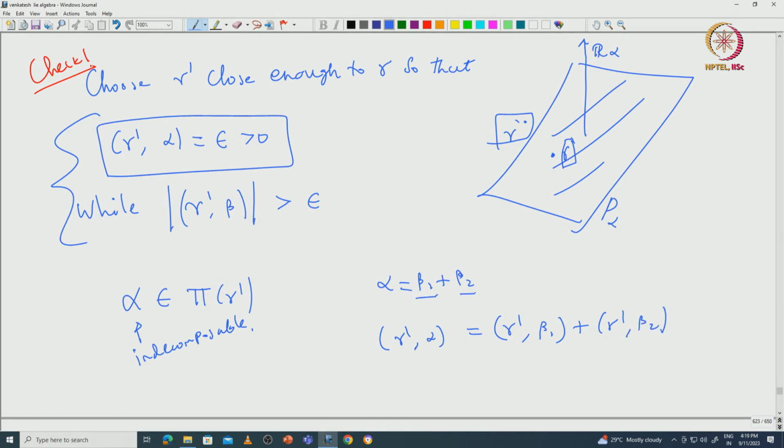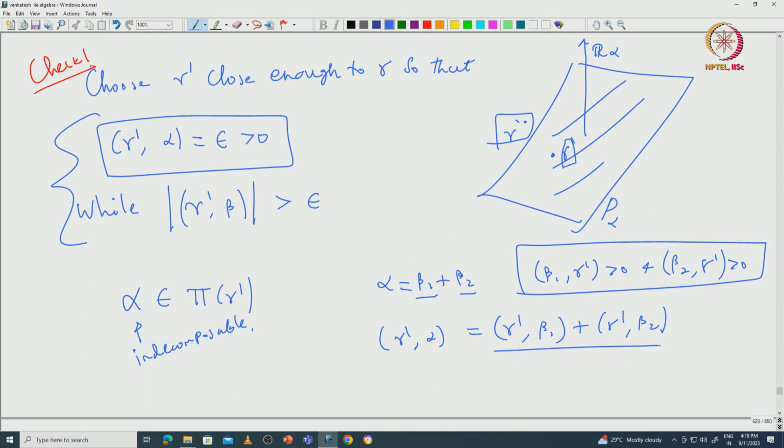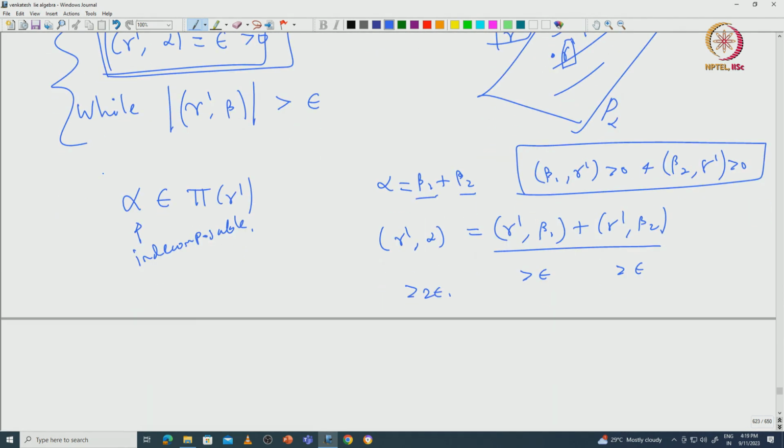Now, since beta 1 and beta 2 are coming from the positive side, beta 1 comma gamma dash is positive and beta 2 comma gamma dash is also positive, then that forces these two to be bigger than epsilon and bigger than epsilon. Then this should be bigger than 2 epsilon, but that is not the case. We have chosen it so that gamma dash comma alpha is exactly epsilon. So, that forces this alpha to be an indecomposable element. That means alpha must be inside your pi of gamma dash.